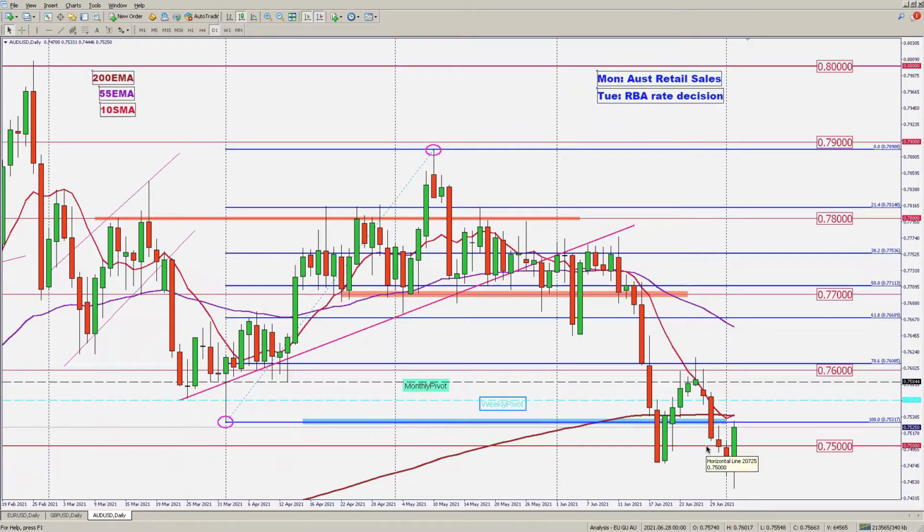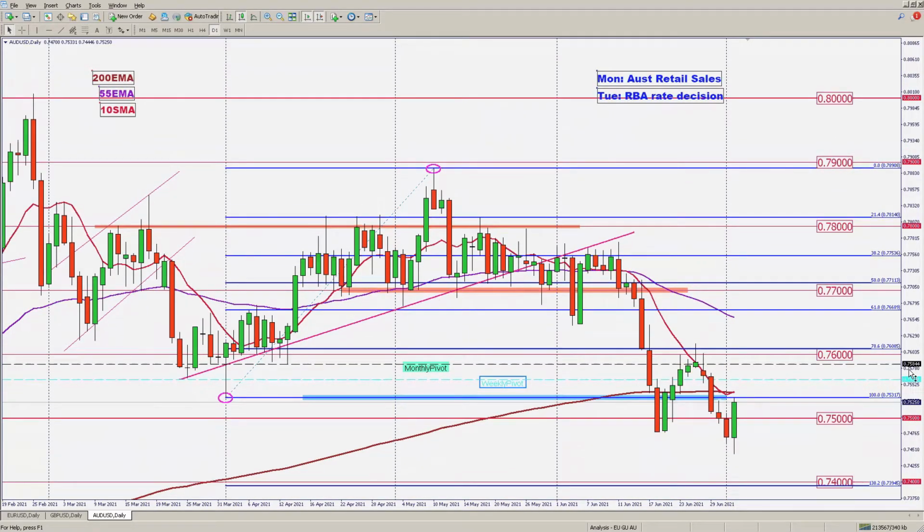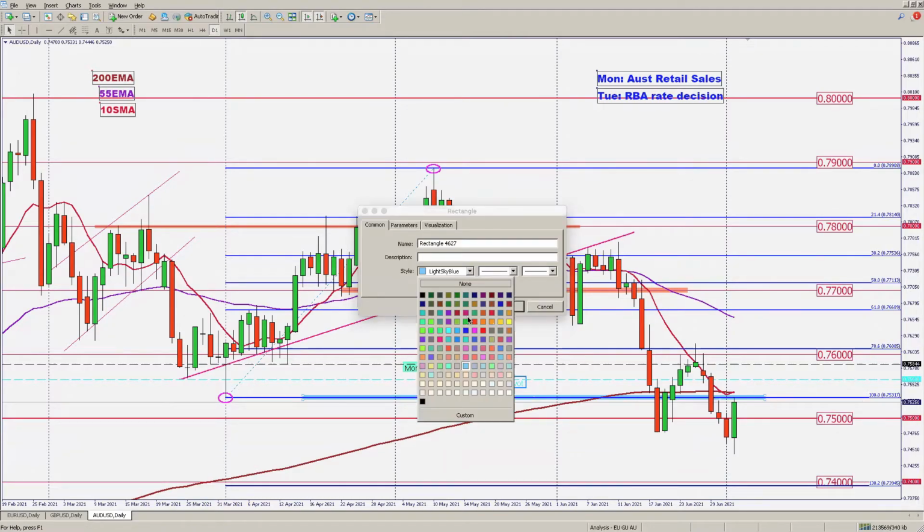And similar to the other major pairs, after hitting 0.76 on the retrace, it has fallen past the previous low as well, and was heading lower below 0.75, but then managed to bounce back up on the Friday and back up to the previous support of this swing low here. So we'll see if that turns into resistance.